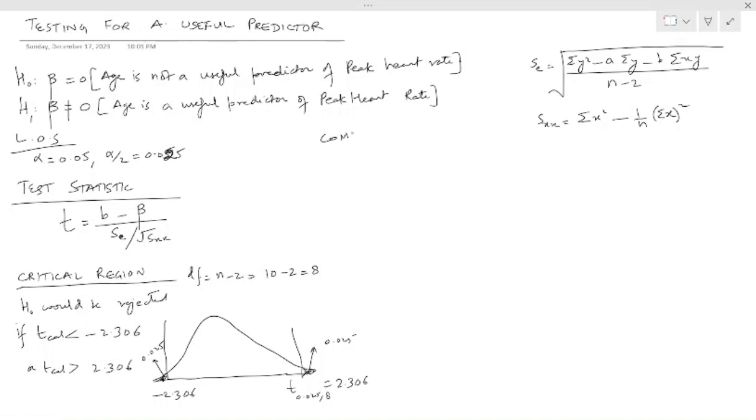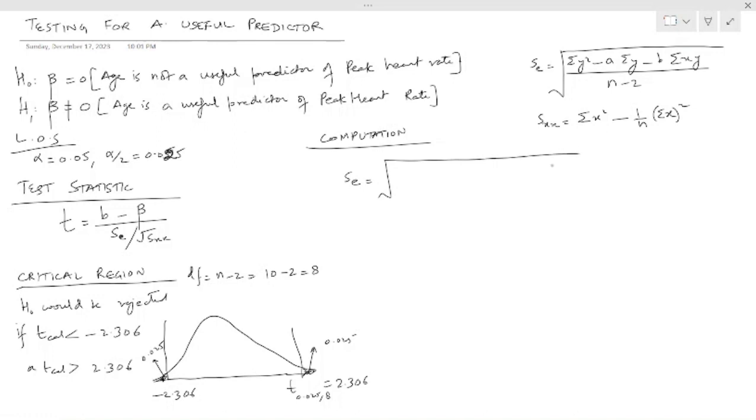Now we go for computation, and in computation, we need to first work out the value of SE.